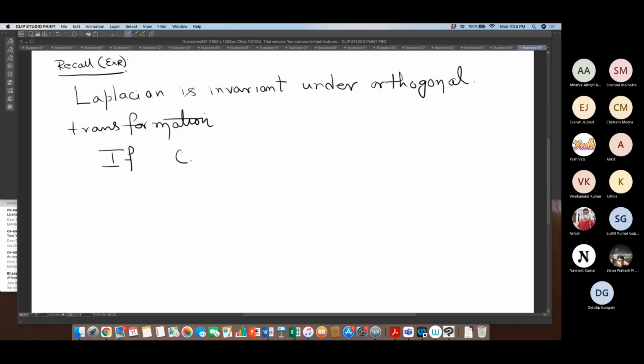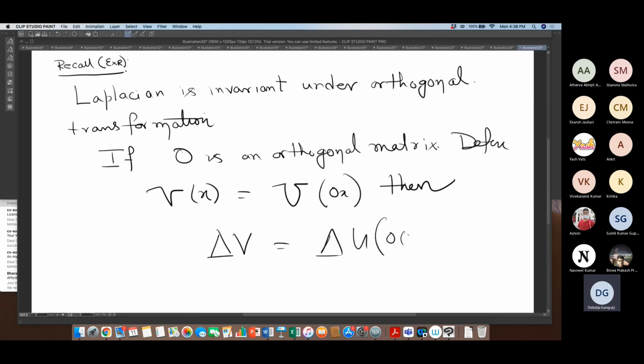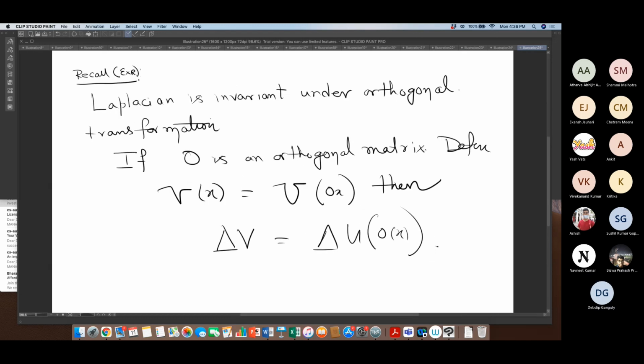If O is an orthogonal matrix, define v of x as u of Ox. Then Laplacian of v is Laplacian of u at the point Ox. Yes or no? You have done this, right?